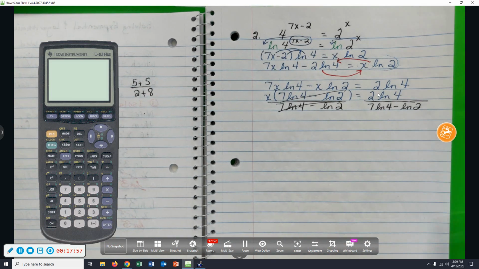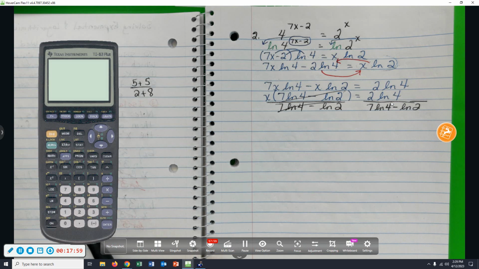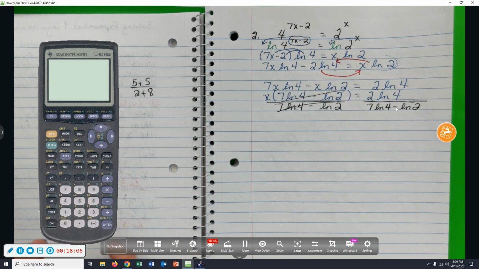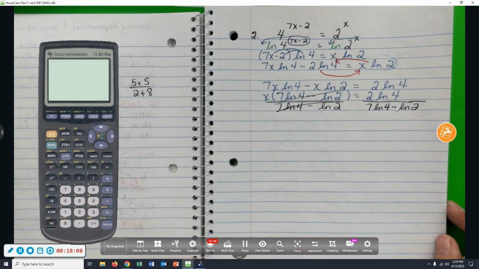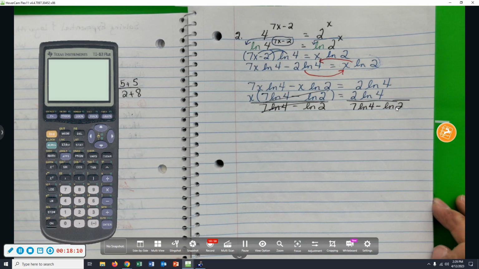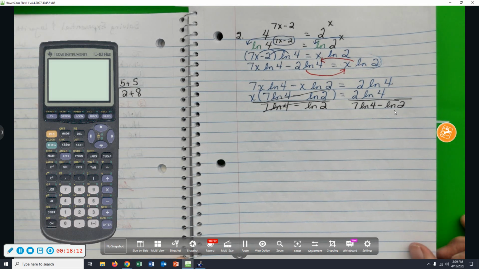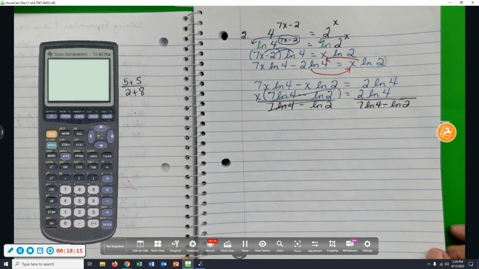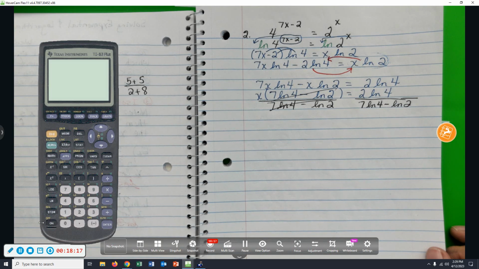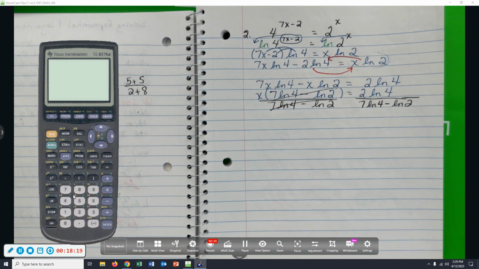Notice I see different operations, not just division. There's multiplication, there's subtraction. If you have any operation other than just division in a fraction, like 5 divided by 3, or ln 2 divided by ln 7, something like that, if you have any other operations, you're going to have to enclose the top and bottom in parentheses.